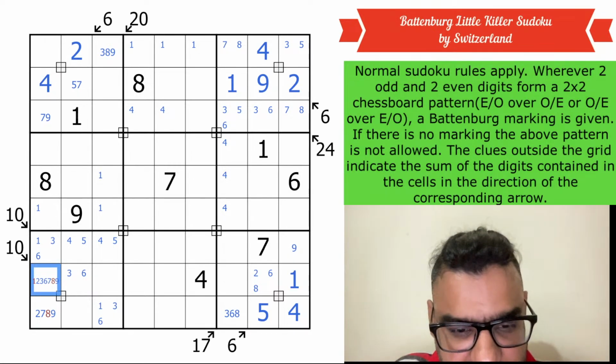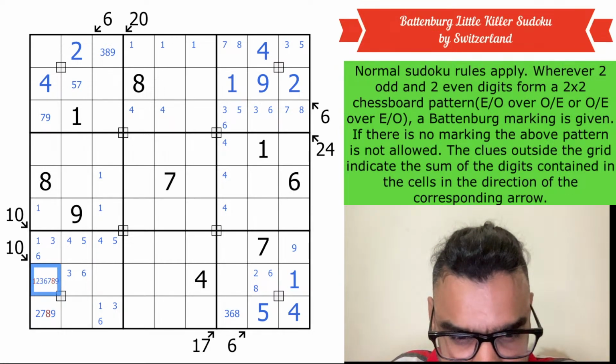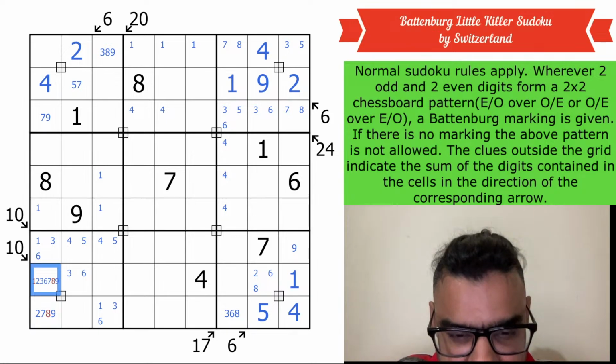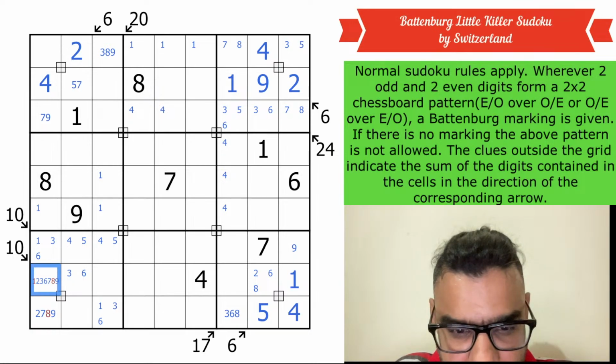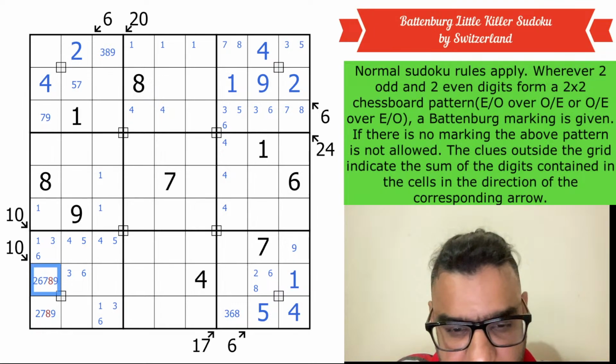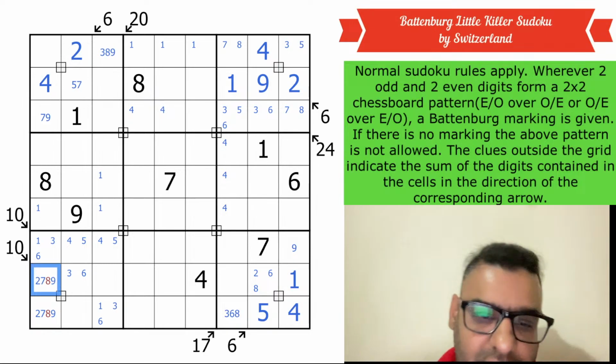But 1 and 3 is there, so if I remove 1 from here and 3 from here, and we already know that 6 is there too.